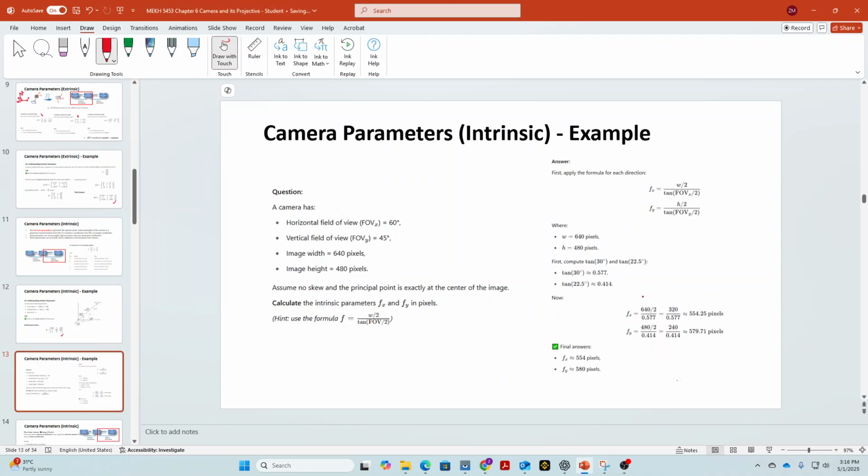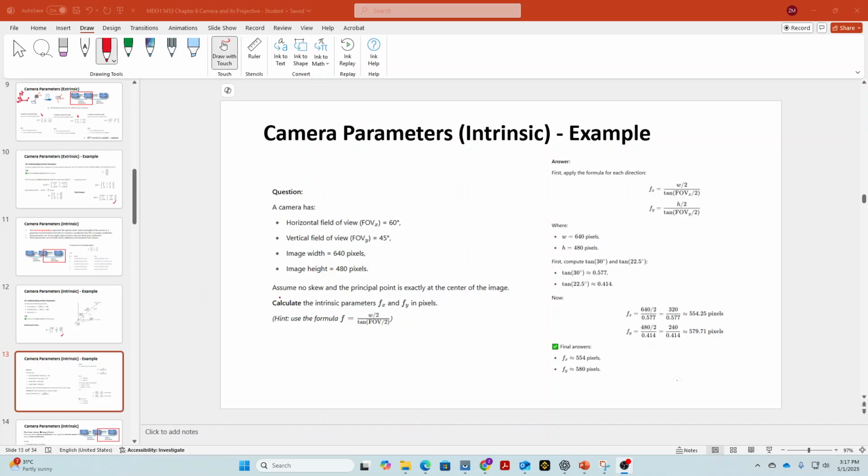Okay, another example. Question: a camera has a horizontal field of view, FOV X, equal to 60 degrees, and a vertical field of view, FOV Y, equal to 45 degrees. The image width is 640 pixels, and the image height is 480 pixels.